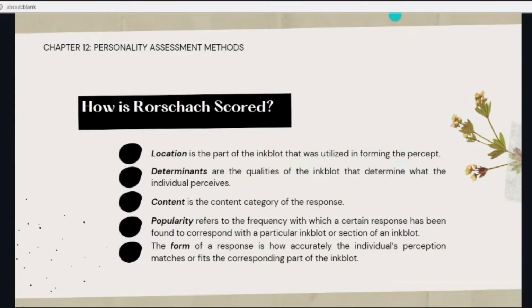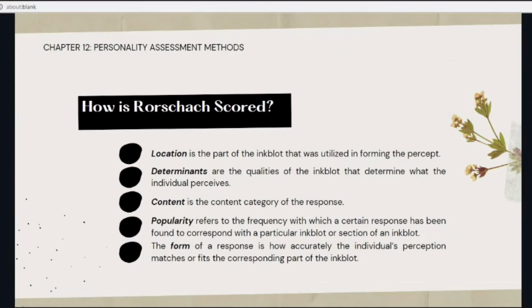So how is Rorschach scored? Rorschach is scored by a lot of factors: the location, the determinants, the content, popularity, and the form. The location is the part of the ink blot that was utilized in forming the percept. The determinants are the qualities of the ink blots that determine what the individual perceives. The content is the content category of the responses of the test taker.